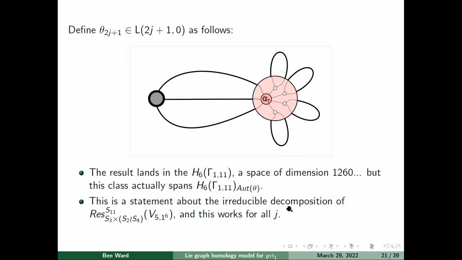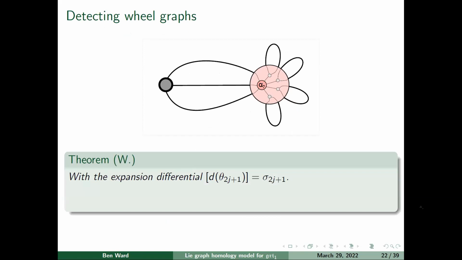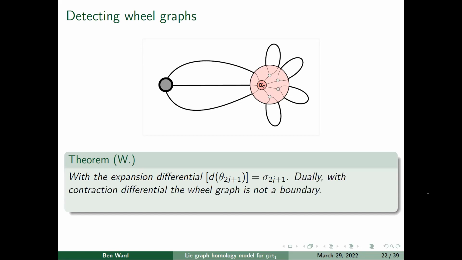With that group theory computation, we have the following result. If I take this element and apply that D from before, I get exactly this sigma 2J plus 1. Or equivalently, if I look at the linear duals of all of these complexes, I can use the contraction differential. Then the wheel graph is not a boundary.